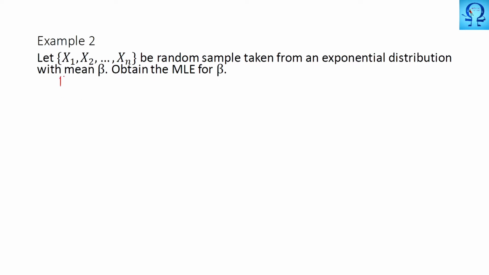Okay, so the PDF is f of x comma beta, which is given as 1 upon beta e to the power minus x upon beta for any x positive.